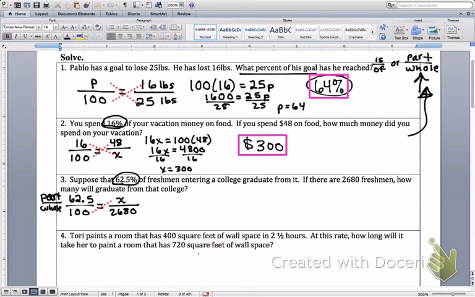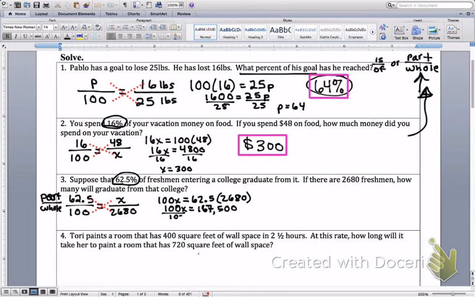Go ahead and cross multiply. Then multiply the other side, 62.5 times 2,680, equals 100x, which is 167,500.